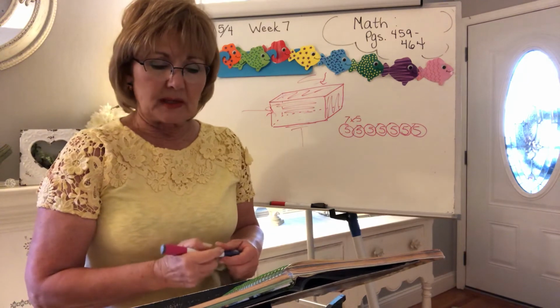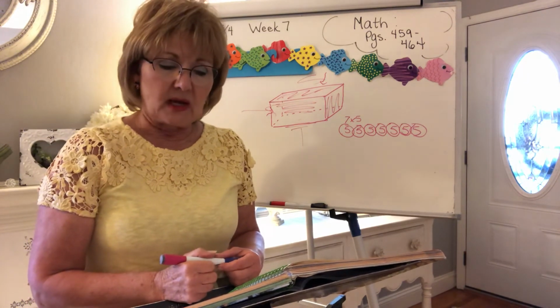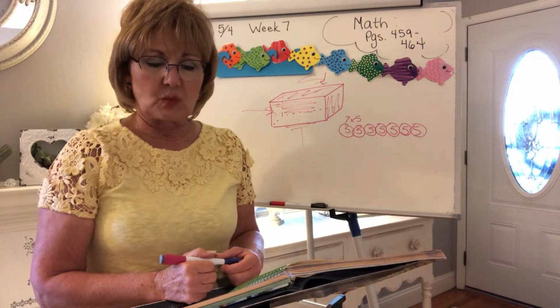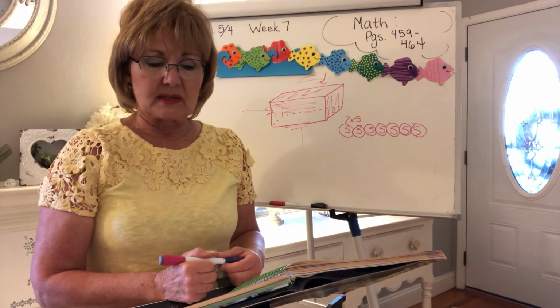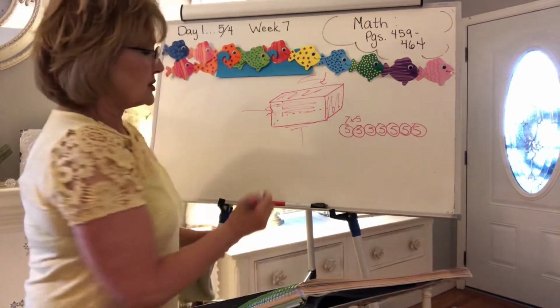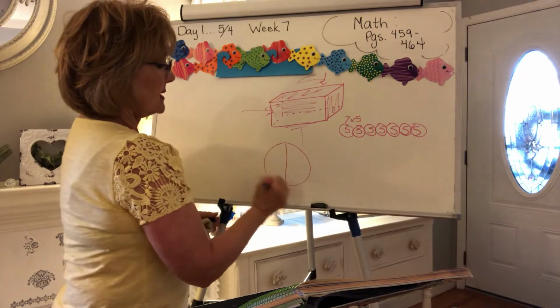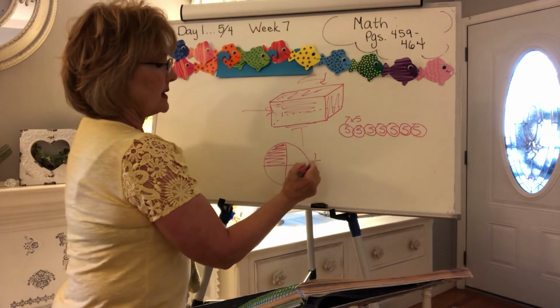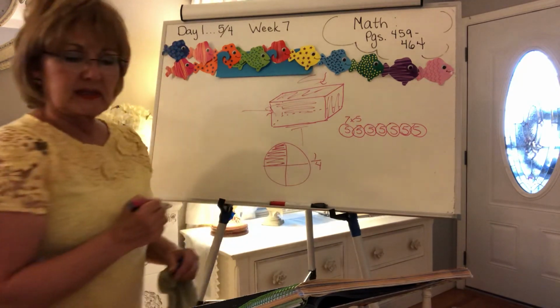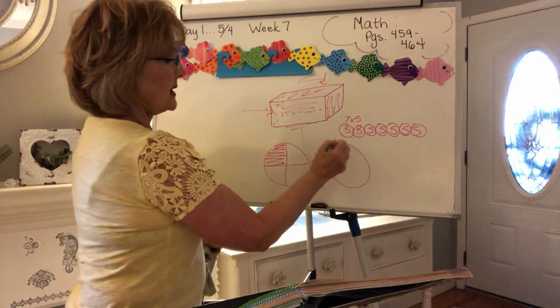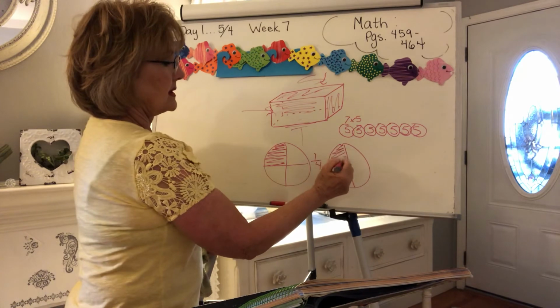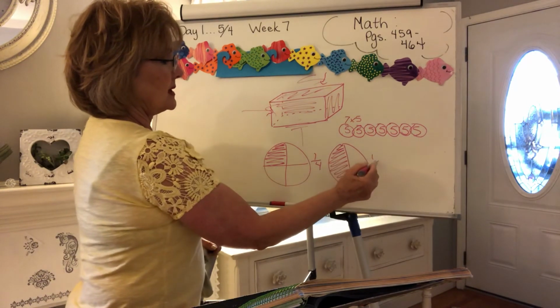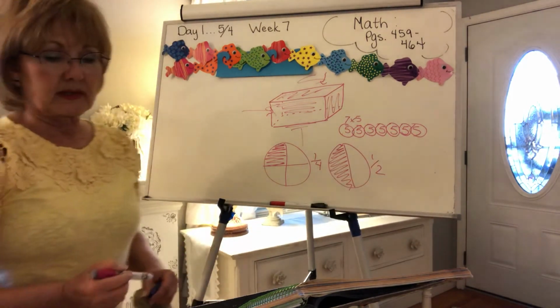It says shade to make a model. 2 tortillas are the same size. Pat eats 1/4, Amy eats 1/2. So you've got to shade 1/4. That's 1 out of 4 equal parts. The other one is 1/2. That's 1 out of 2 equal parts.